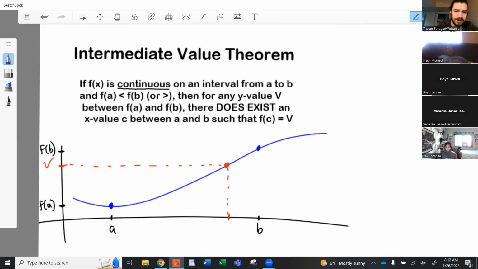That means you're guaranteed to have an x value c where f of c equals v, and this is true no matter which v you pick. So there, I picked that v. If I take a different y value over here, say that one, such a point is still guaranteed to exist. In that case, it would be that point right there.